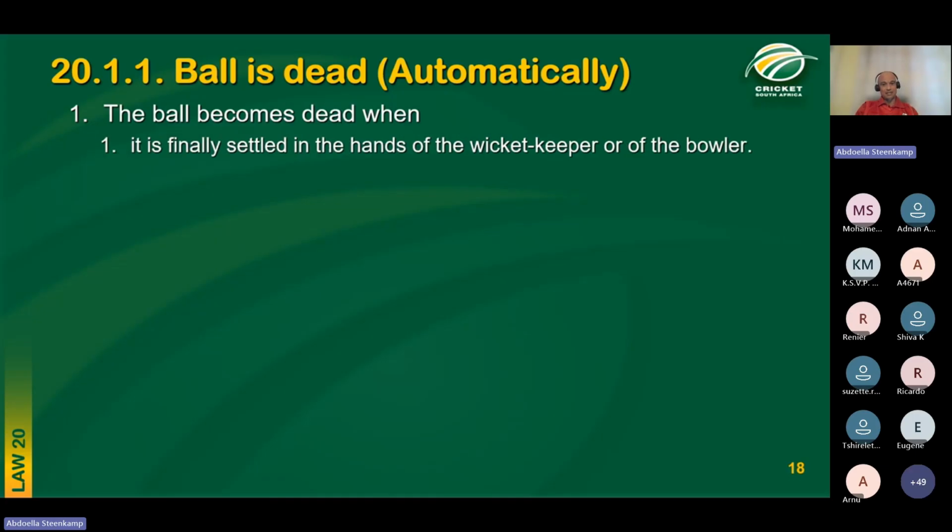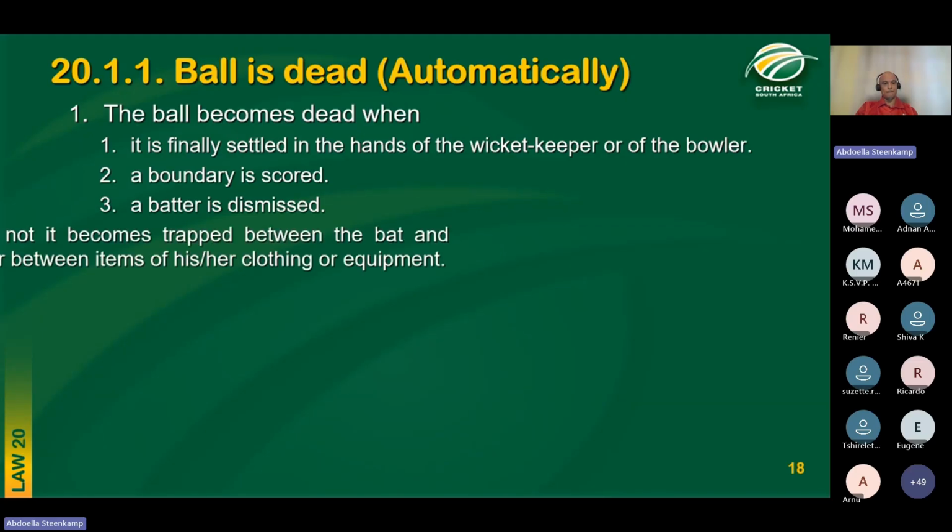When it has finally settled in the hands of the keeper or the bowler, the ball automatically becomes dead. As soon as a boundary is scored, whether it's 4 or 6, ball automatically becomes dead. Batter dismissed, ball automatically dead.